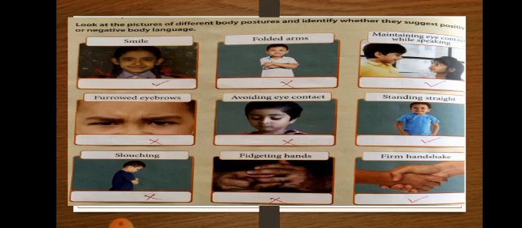Furrowed eyebrows, this is wrong. Avoiding eye contact, some persons have a habit of talking with others while avoiding eye contact. This shows a loss of confidence. So while talking to others, you have to maintain eye contact.